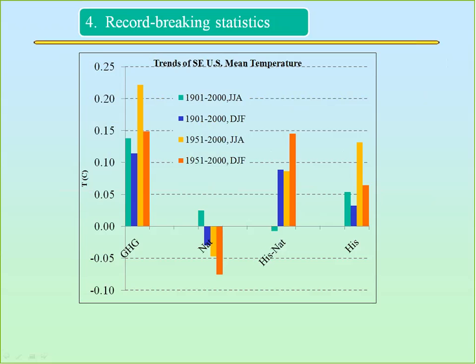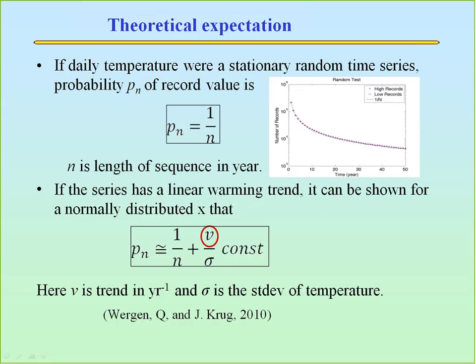Here, just a little background. Suppose you have a stationary random time series; your chance to break a record decreases as your record gets longer and longer. For example, you have 50 years of July 1st temperature.